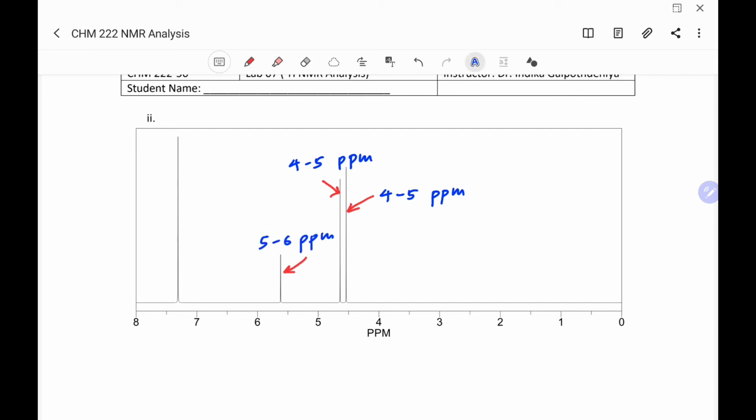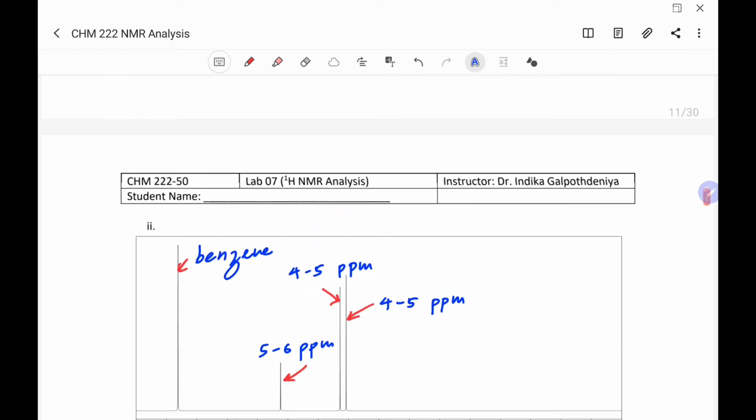And then of course you have a benzene peak. This right here is your benzene. Don't read too much into benzene at this stage. All right, so let's take a look at it. So you have two peaks from 4 to 5 and one peak from 5 to 6.